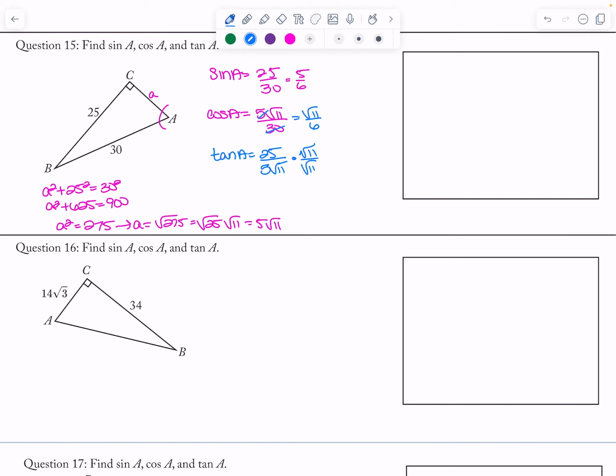So I will have to rationalize the denominator. 25 root 11 over 5 times 11. So my 25 and my 5 reduce to 5 root 11 over 11. So now sine of a is 5 over 6. Cosine of a is root 11 over 6. And tangent of a is 5 root 11 over 11.